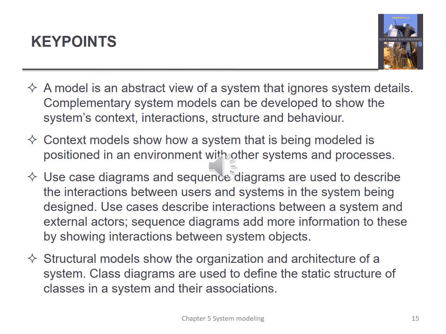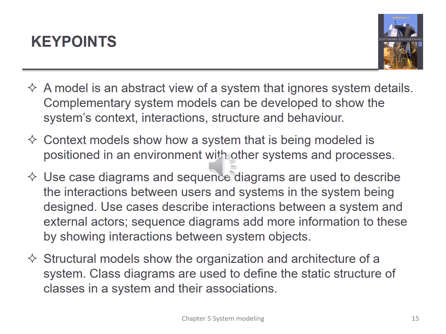Then we talked about the use case diagram and sequence diagram as interaction between the user and the system being designed. Use cases describe interaction between a system and external actors. Sequence diagrams add more information to these by showing interaction between system objects, between component and component, between object and object.